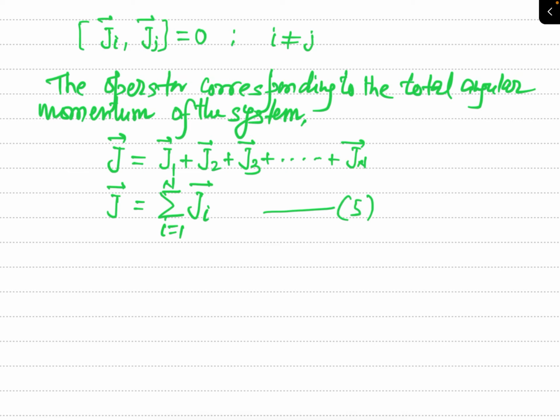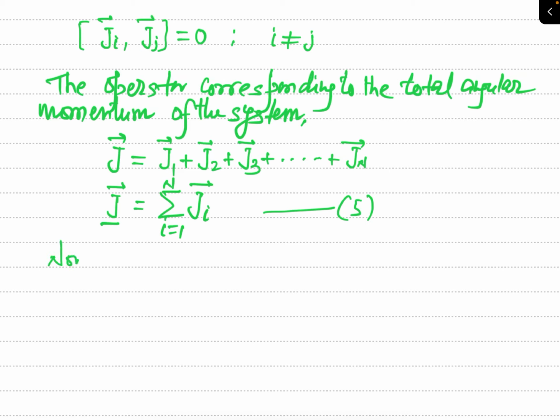So this concept has a vivid application while we discuss atomic and molecular physics. Now, when you know the total angular momentum operator of the system, then corresponding to this operator, you can define the components of this total angular momentum operator.